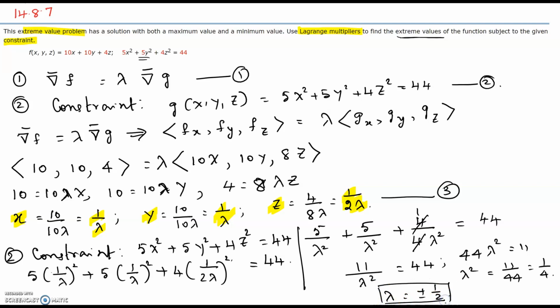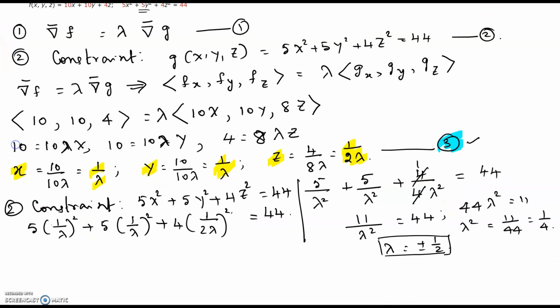Now we have to determine the corresponding points using the relation 3, which is x equal to, in terms of lambda. So we are going to use that relation 3 to get xyz.